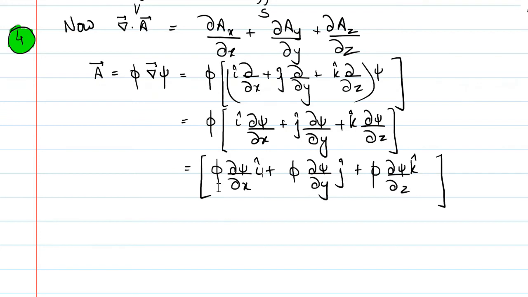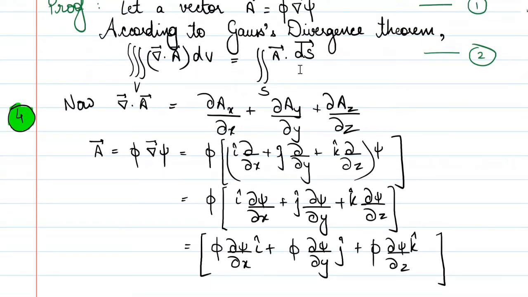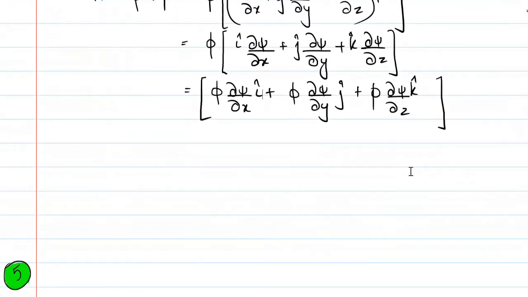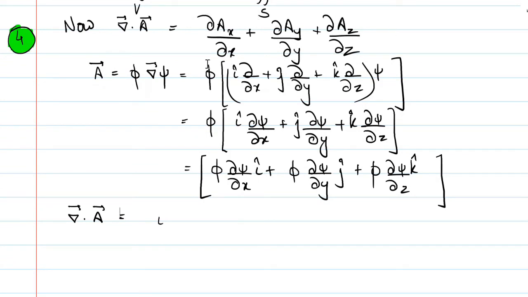But we have to find del dot A. You can see we are using Gauss divergence theorem and it involves del dot A. We have to find the divergence of A. We know what our A is. Now let's find divergence. Del dot A, the del operator has a dot product with vector A. This is curly Ax by curly x plus curly Ay by curly y plus curly Az by curly z.